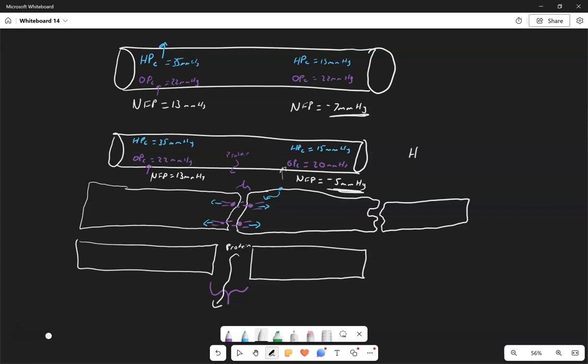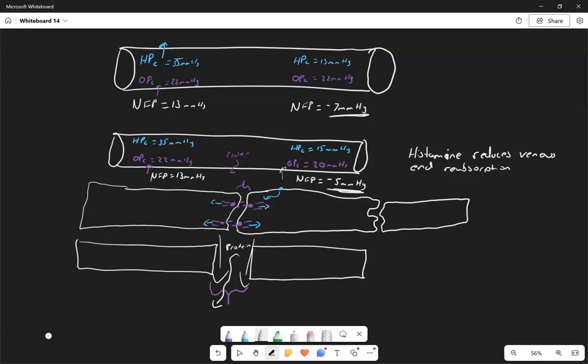So histamine reduces venous end reabsorption. And it does so by increasing vascular permeability.